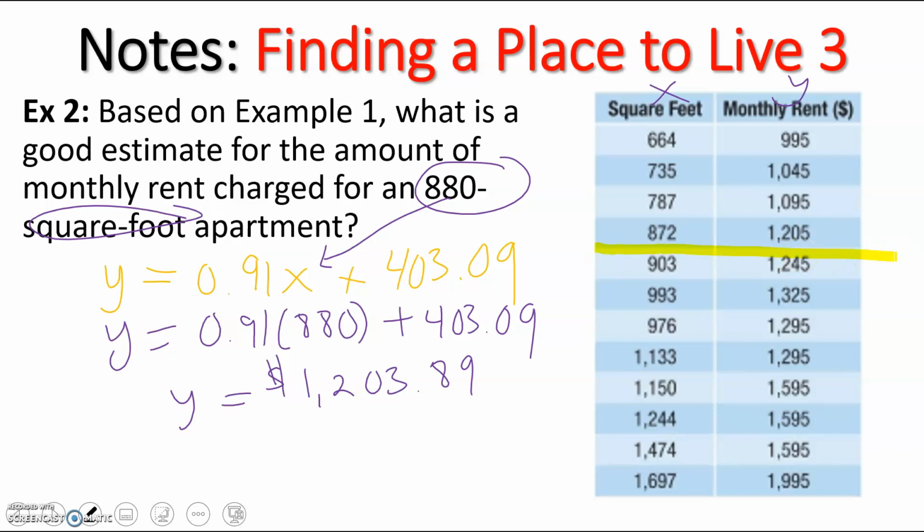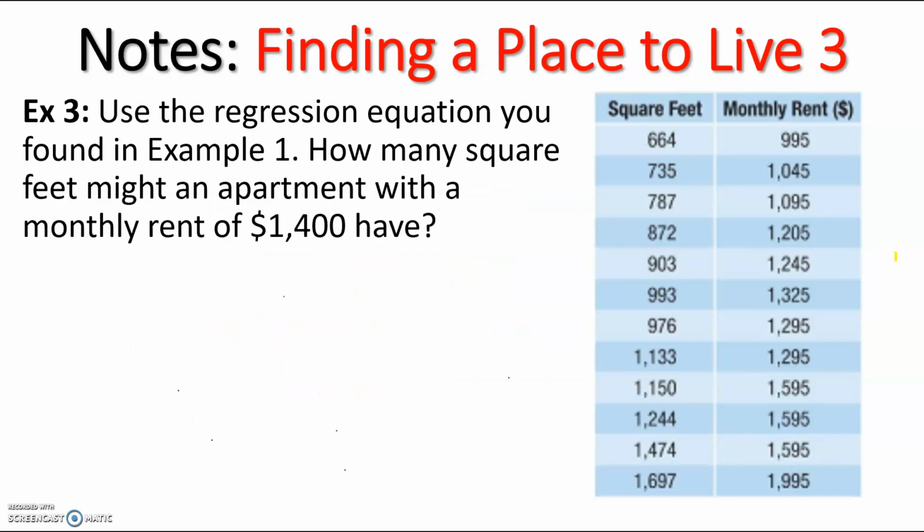They're saying that 872 is about $1,205 and that 903 is about $1,245, and our value is a little bit short of that amount, but remember, our model is not going to be perfect. It is within a few dollars, so it's totally reasonable. And then we're going to make the statement that an apartment that is 880 square foot, we would expect to cost about $1,203.89.